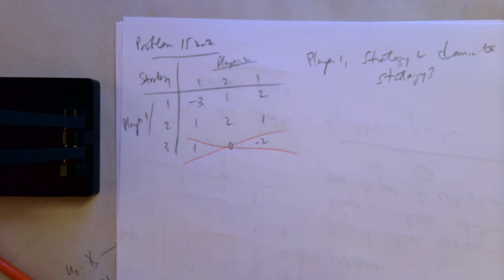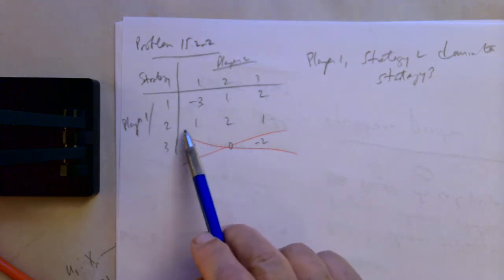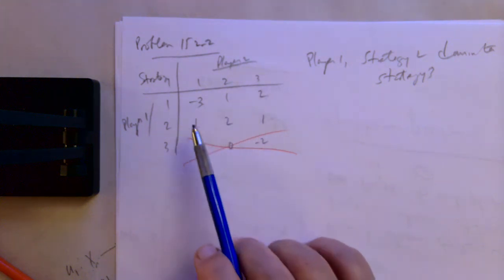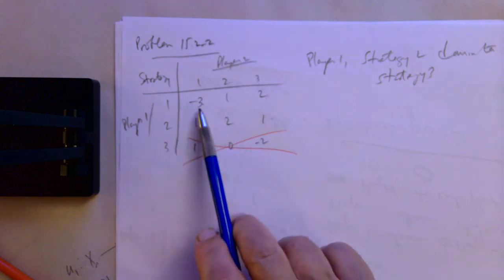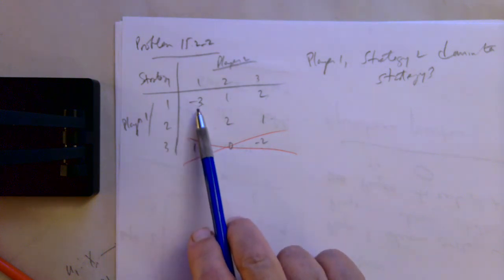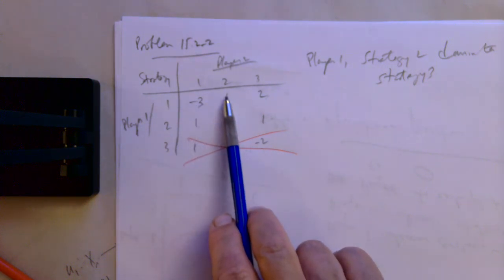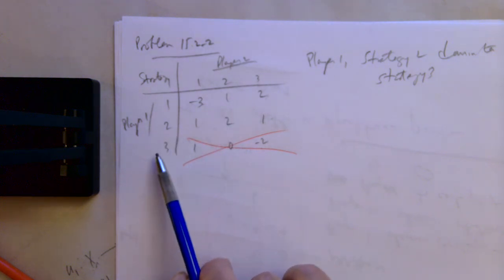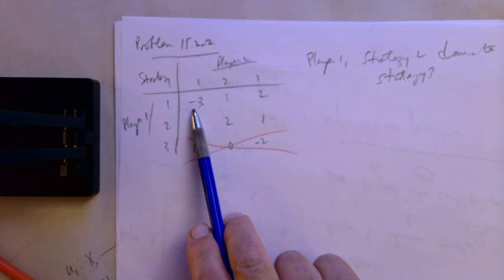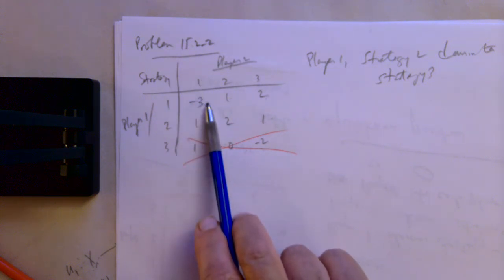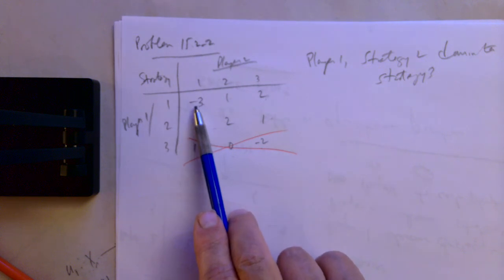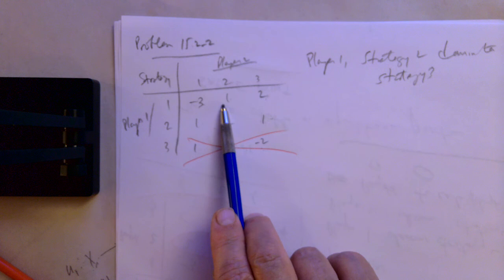Now, what about player 2? Player 2 now is just looking at this 2x3 table, and one strategy dominates another if the number in a given column is less than or equal to the number in any other column. So for example, choosing strategy 1 for player 2, he wins 3, or he wins -3 compared to losing -1.